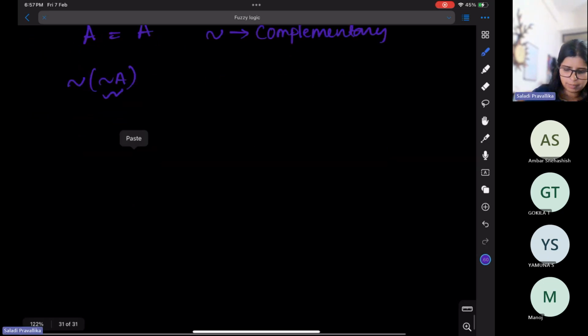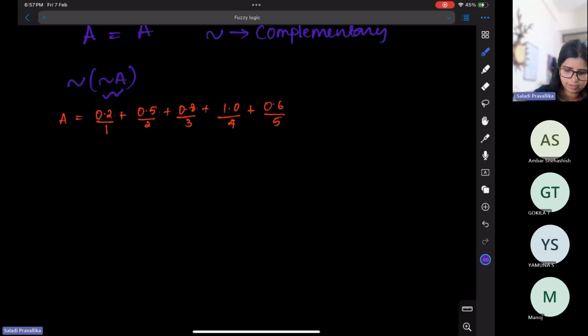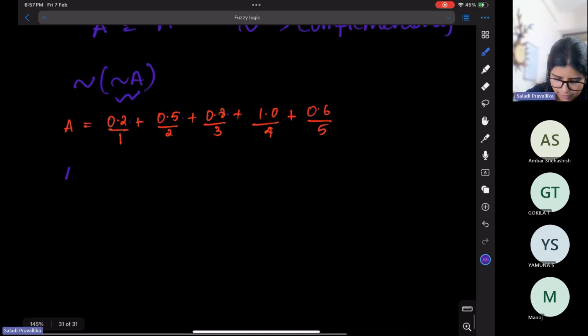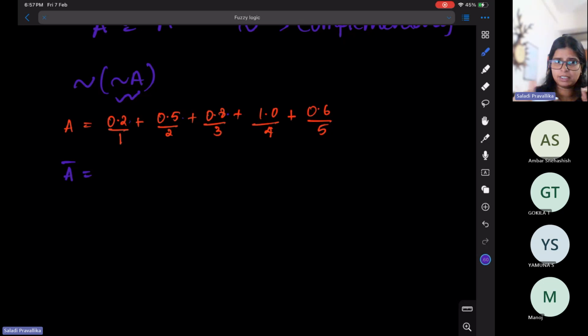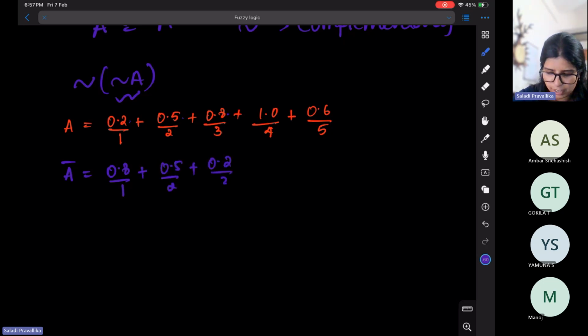Let's do it with that same example. We have A. Let's find A bar, that is 1 minus whatever membership function value we are having. 0.8 by 1 plus 0.5 by 2 plus 0.2 by 3 plus 0 by 4 plus 0.4 by 5.